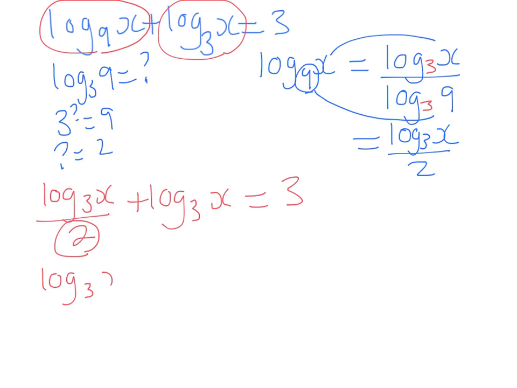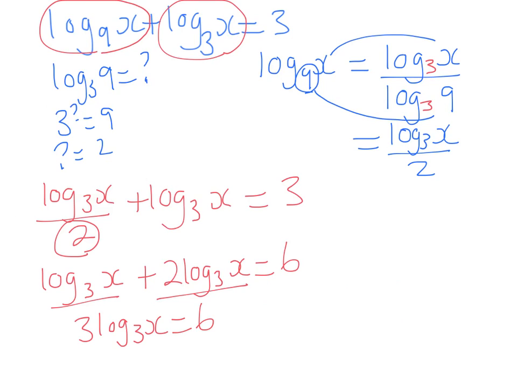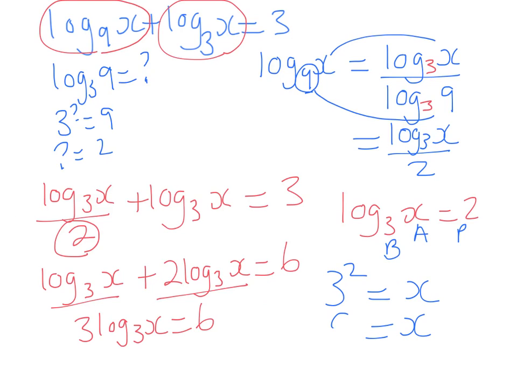So log to the base 3 of x plus 2 log to the base 3 of x equals 6. I've got 2 of them, add 1 of them, so 3 log base 3 of x is 6. Now I'm going to divide by 3, so I'm going to get log base 3 of x equals 2, and now I'm back in my log BAP. Base, answer, power. 3 to the power of 2 equals x. Oh, bingo. x is 9.